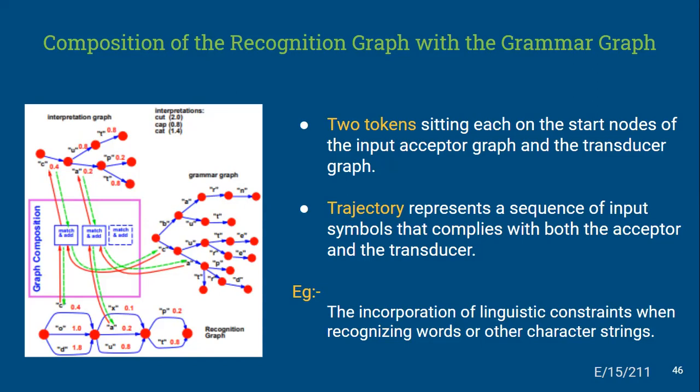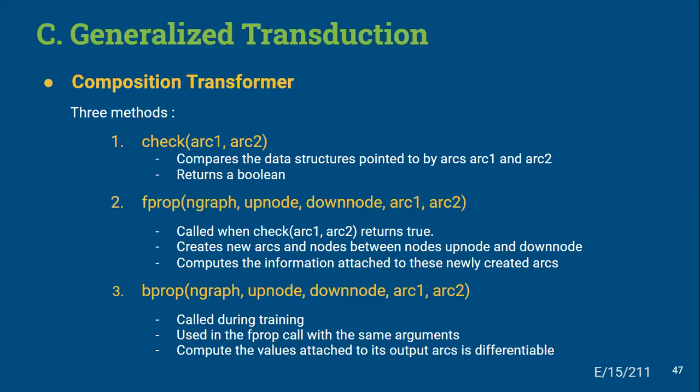Two tokens that are on the start node of each graph can freely follow any arc labeled with the null input symbol and can collect the corresponding sequence of output symbols along with the trajectory of the transducer token. In the real world, handwriting recognition and check reading systems are most useful in the incorporation of linguistic constraints when recognizing words or other character strings.